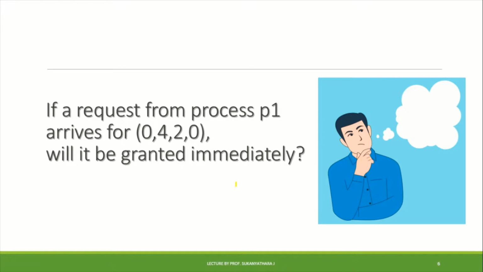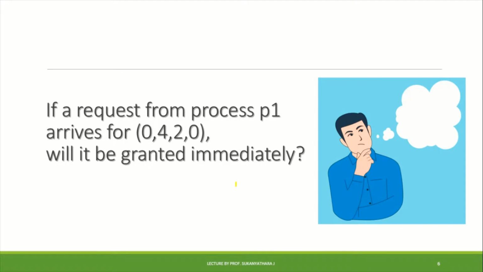If free resources are not enough at present, the operating system will right away tell process P1, you wait, I do not have enough free resources to give you. Now, assume that process P1 is asking for these resources and there are free resources at present.